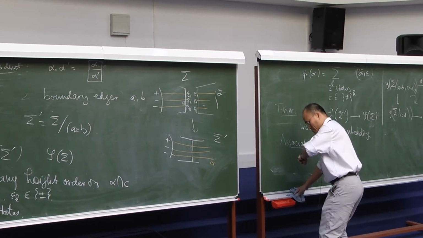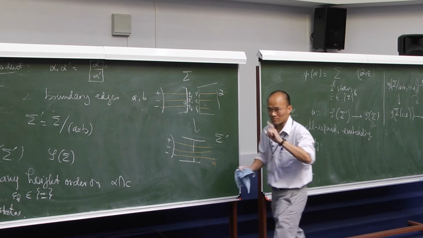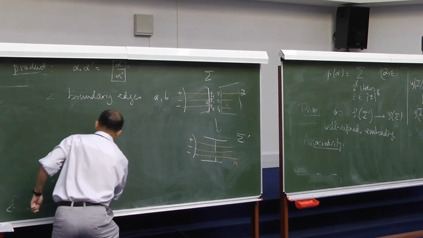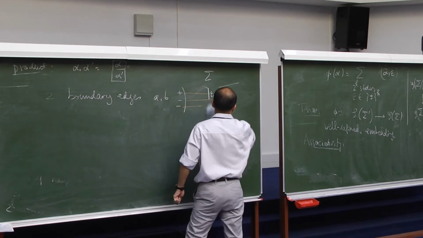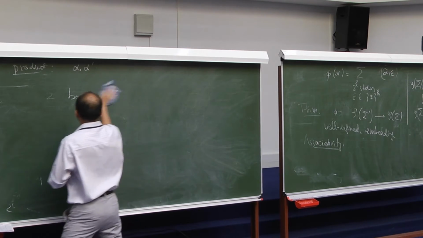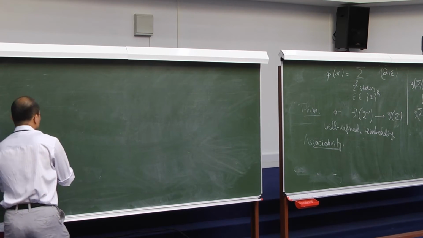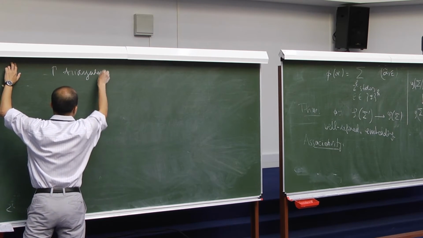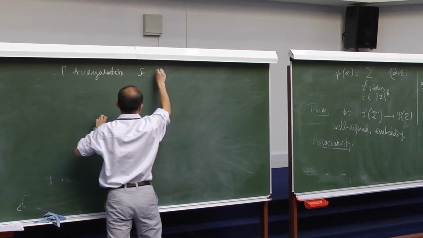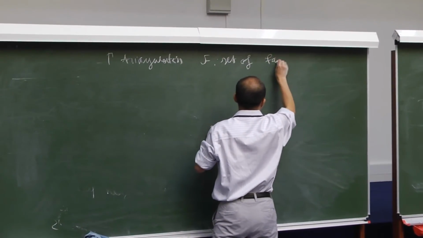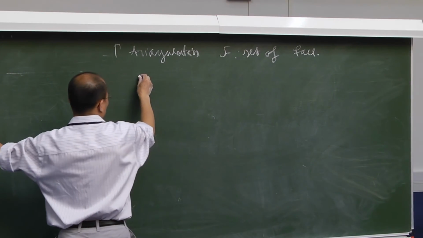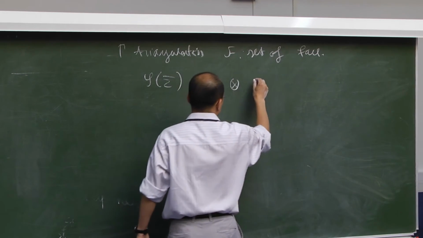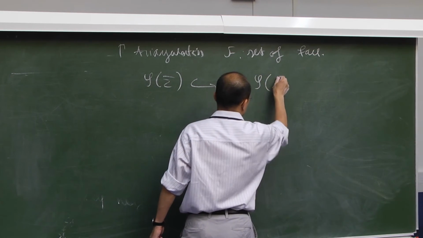So if you use this, I think I will finish in a minute. If gamma here is the triangulation, and F here is the set of all faces, then you have a map from the skein algebra of sigma embedding into the tensor product of the skein algebras of each triangle.